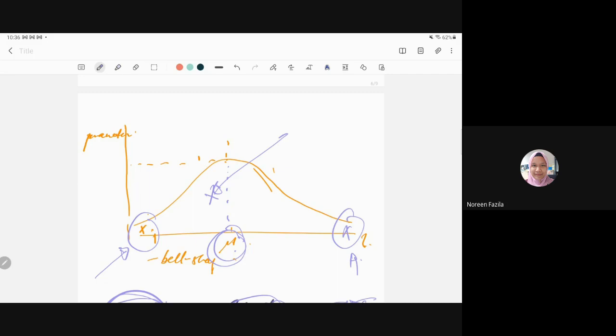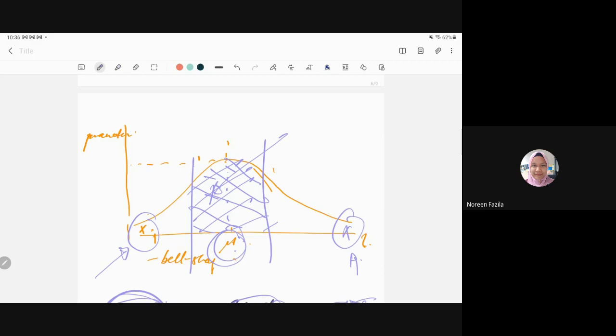then it increases the probability that what we will pick is from around here, because the majority of the individuals are around here. So if you take only one, we have a lower probability. But if you take two, we have a higher probability of taking individuals around the actual population mean.